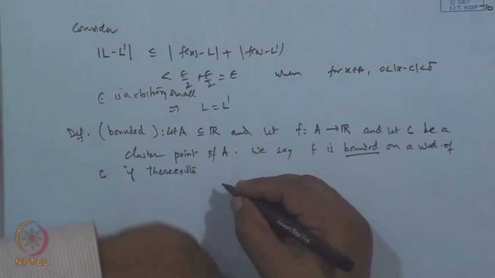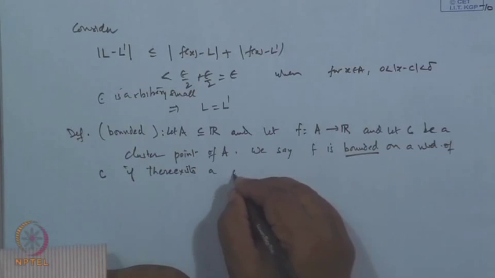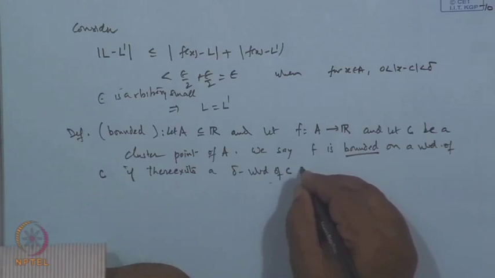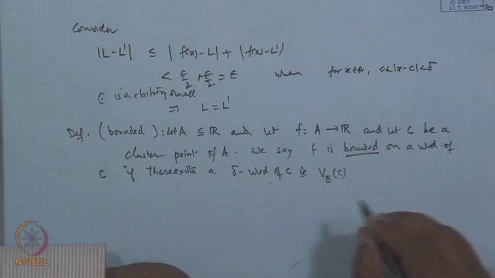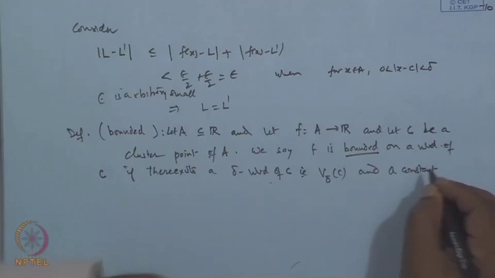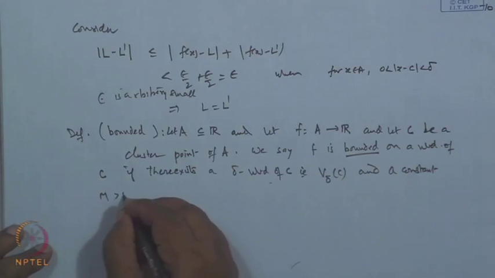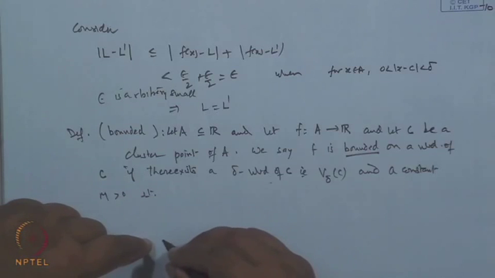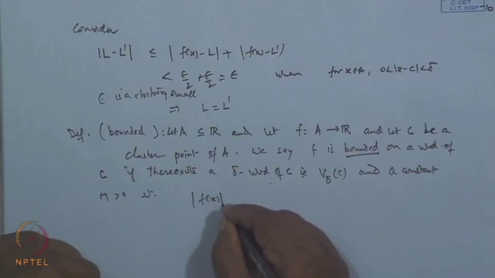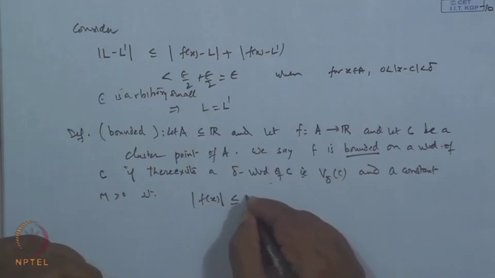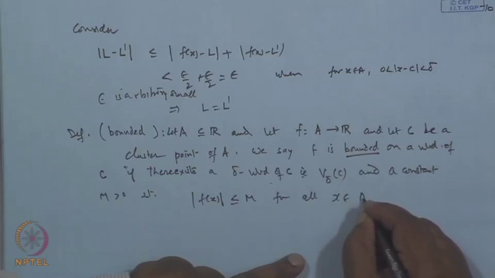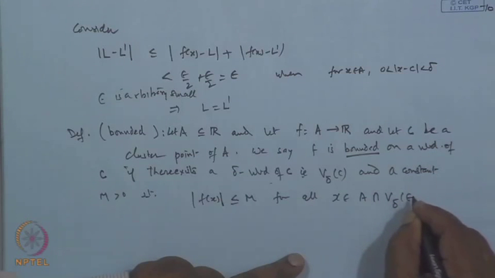a delta neighborhood of c, that is V delta c, and a constant capital M greater than 0, such that mod of f x is less than or equal to M for all x belonging to A intersection V delta c.